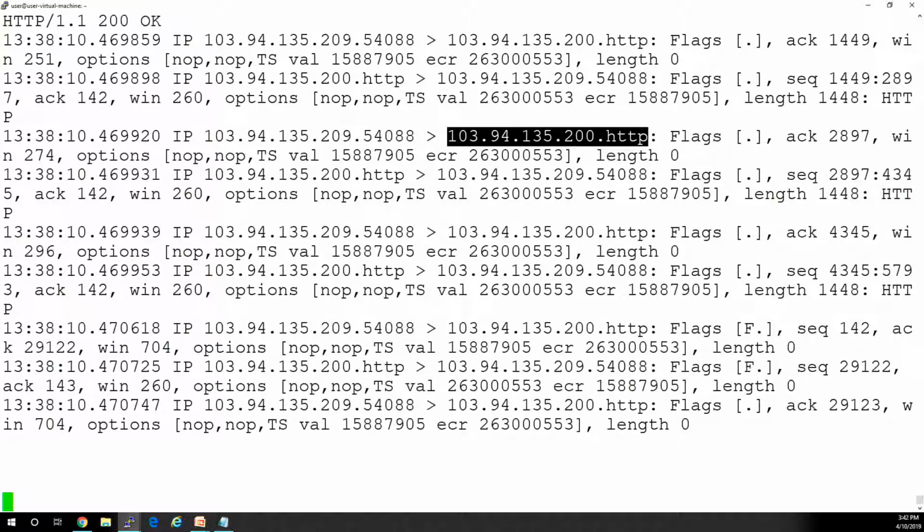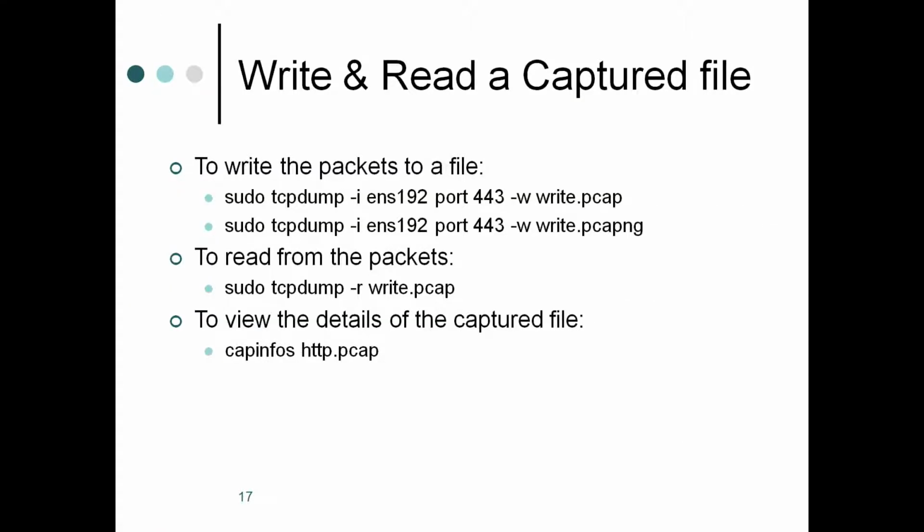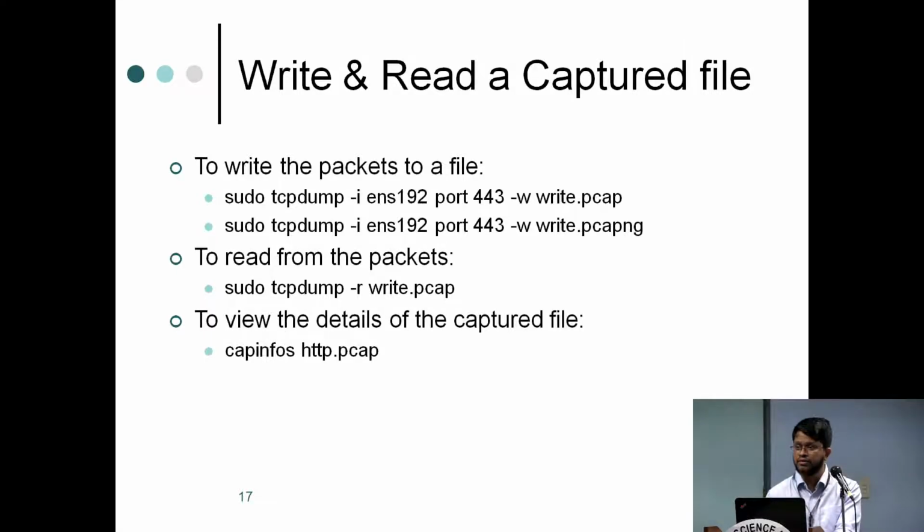It cannot be done visually. The idea is we have to capture and analyze automatically using programs. So we want to write to a file, and we also want to read from that file later on, so that we still get all the information we want.